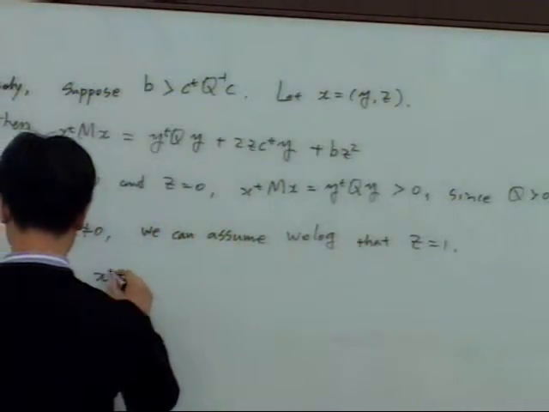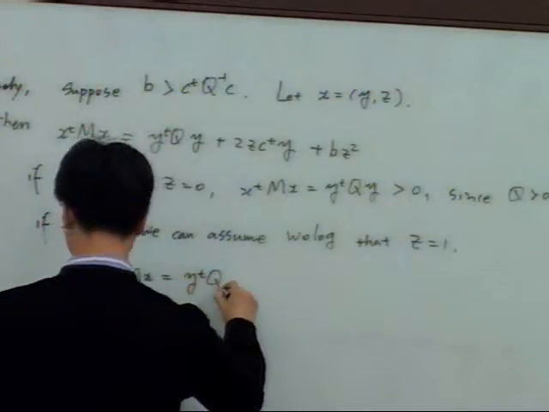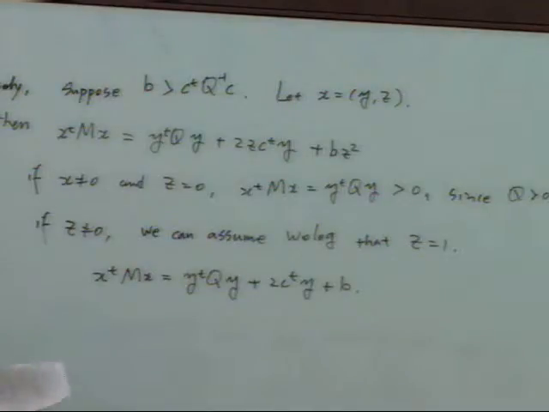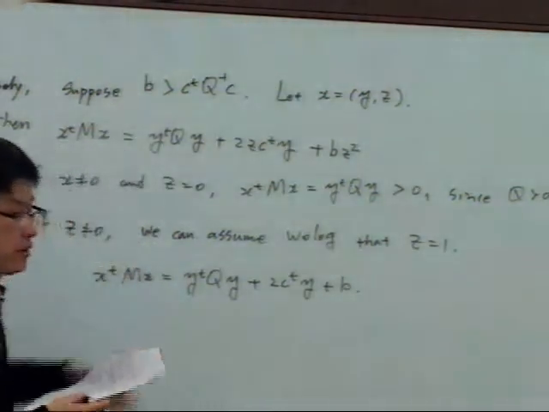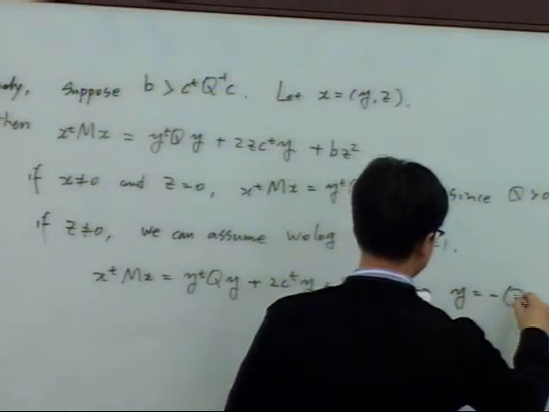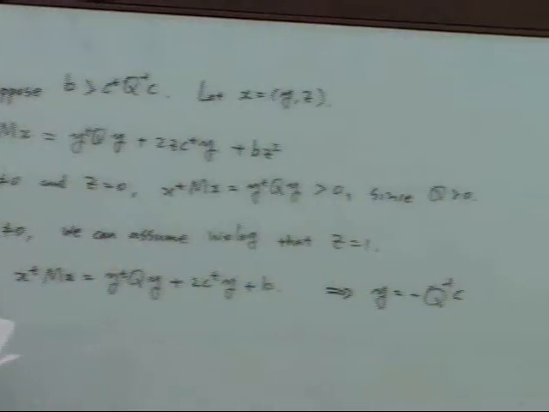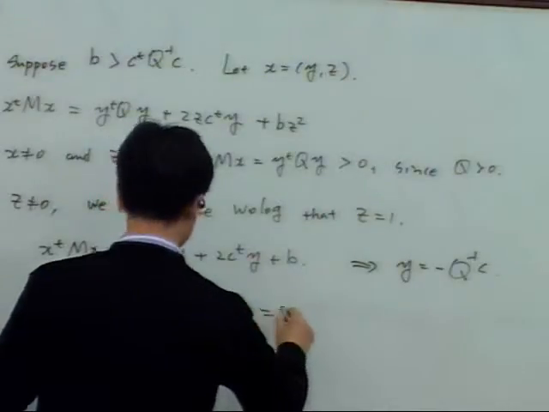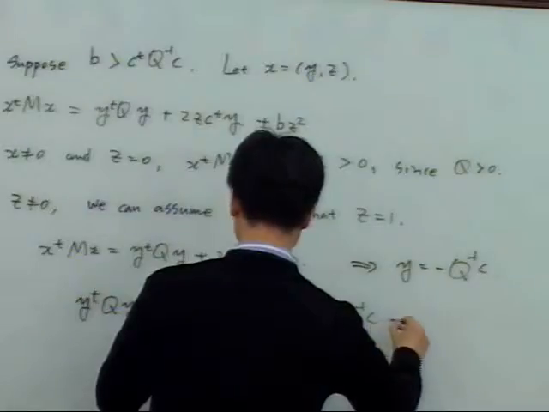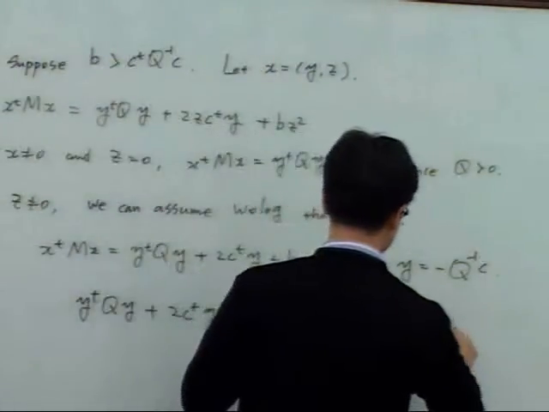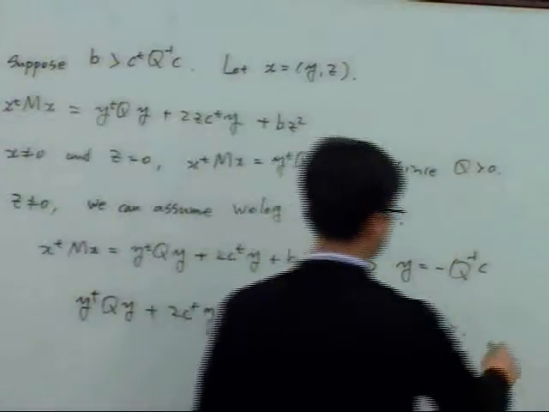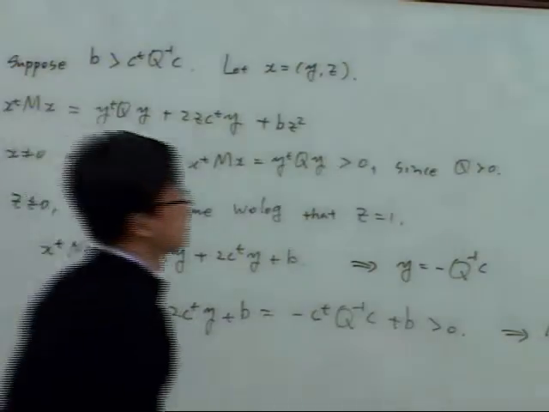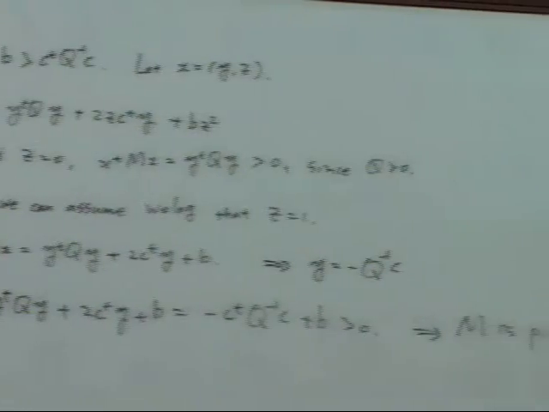And so X transpose N X is equal to Y transpose Q Y plus 2C transpose Y plus D. The value which minimizes this form is Y equal to minus Q inverse C. At this point, Y transpose Q Y plus 2C transpose Y plus D is minus C transpose Q inverse C plus D, which is greater than 0. And so N is positive definite. So this completes the proof.